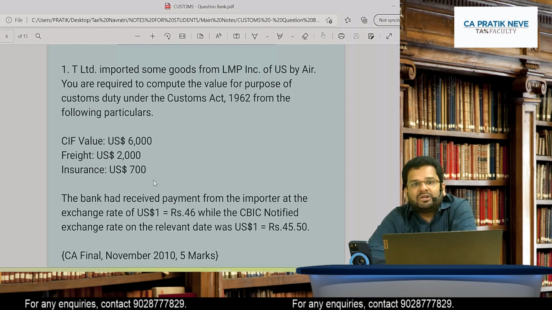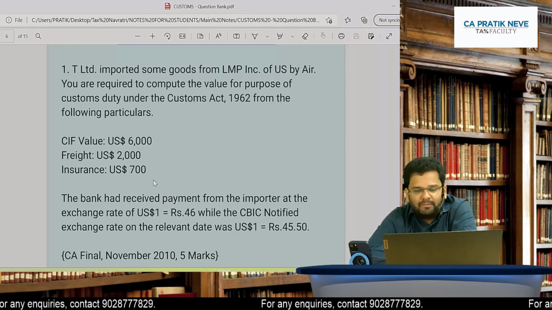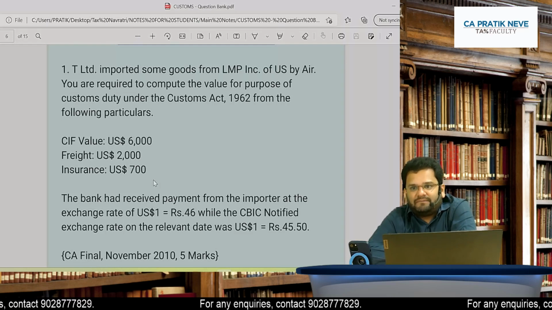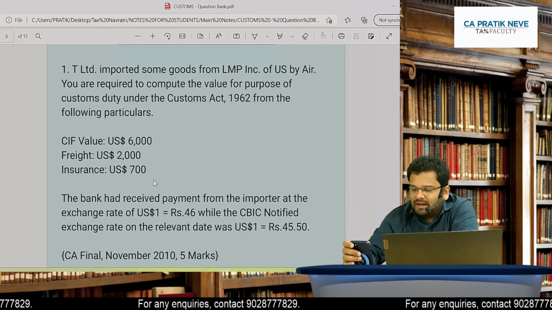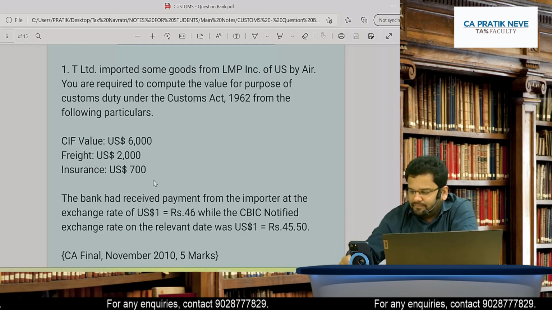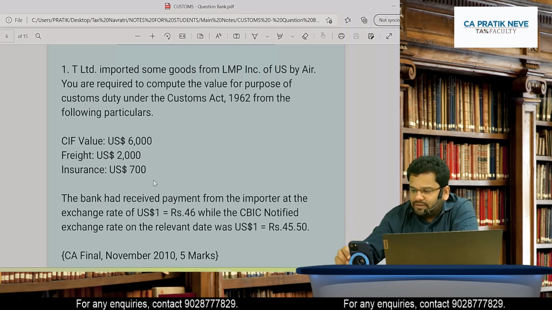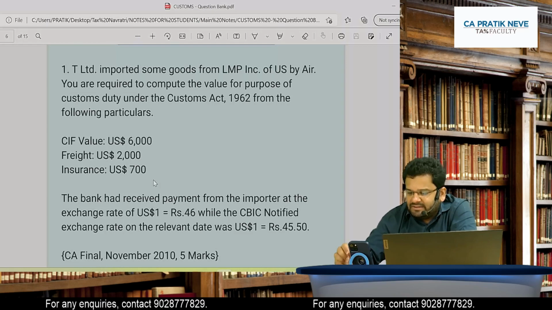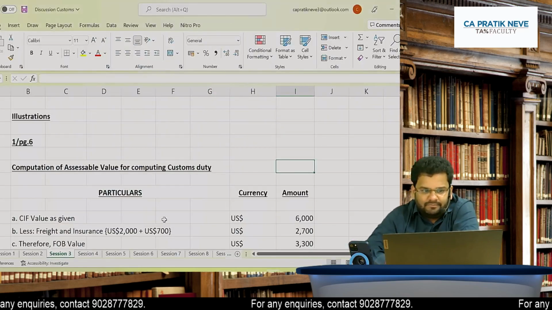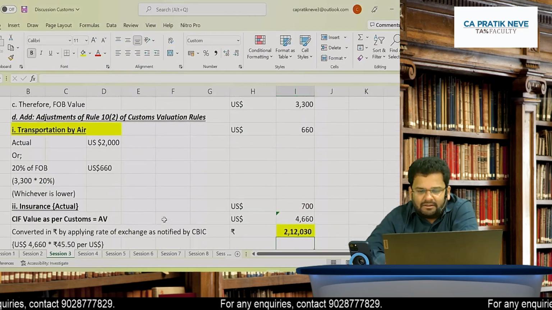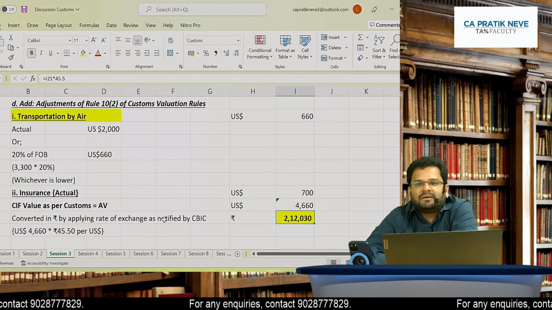What's the rate of exchange notified by CBIC? 45.5. So apply that and tell me what is your final answer. Yes, very good. The final answer is rupees 2,12,030. Agreed?